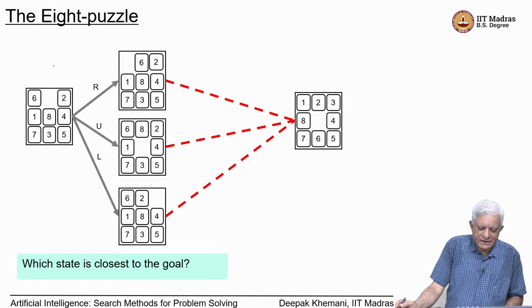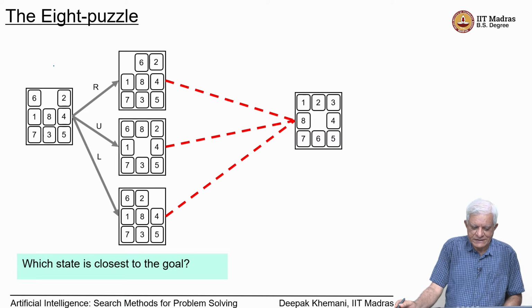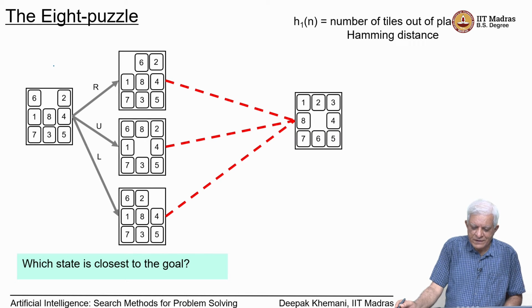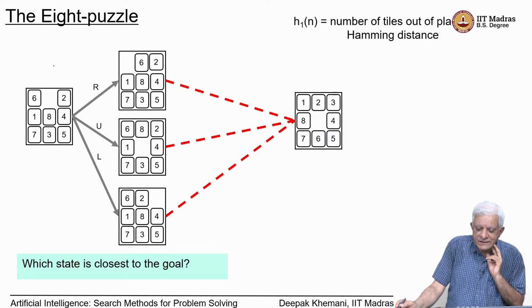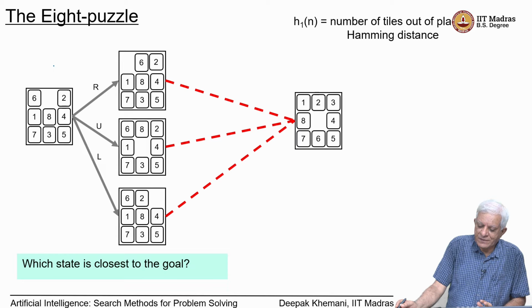So, the question we are asking is, of the 3 successors that the start node has, which of the 3 is closest to the goal node essentially. Here is one heuristic function, we will call it H1. For any node n, it simply counts the number of tiles out of place essentially. This is a bit like Hamming distance.